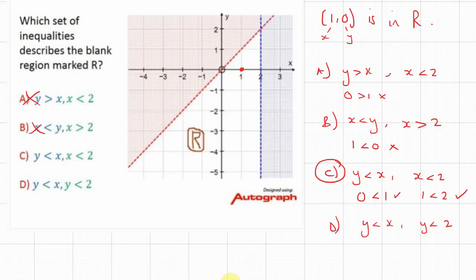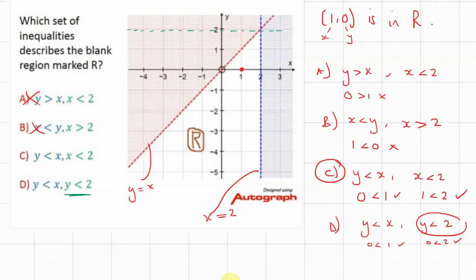Actually, I'm going to stop us there. Both of these would work, in the case of that is true, and that is true. However, that is not the correct line. This is the line x equals 2. This is the line y equals x. So we would never expect an inequality in green, I'm going to draw what, if this was true, we'd need: a line like that, wouldn't we?